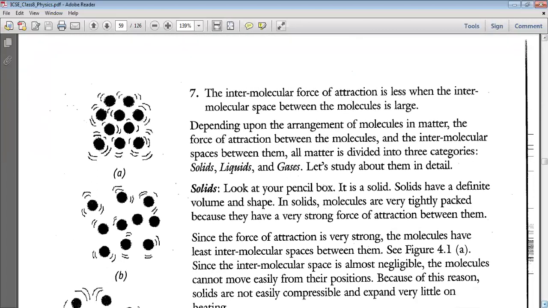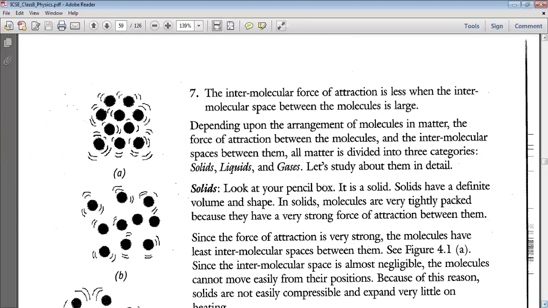Number 7, the intermolecular force of attraction is less when the intermolecular space between the molecules is large.